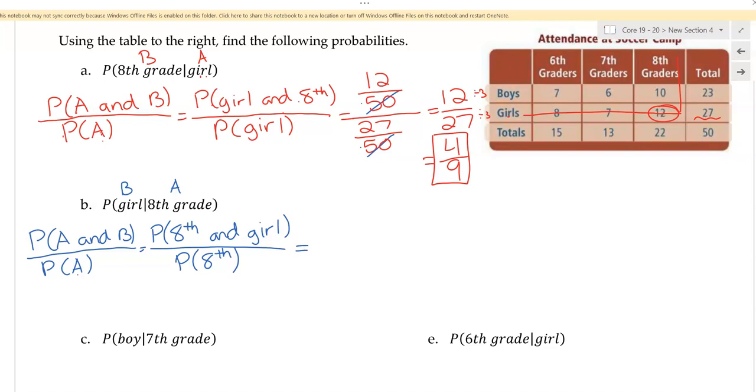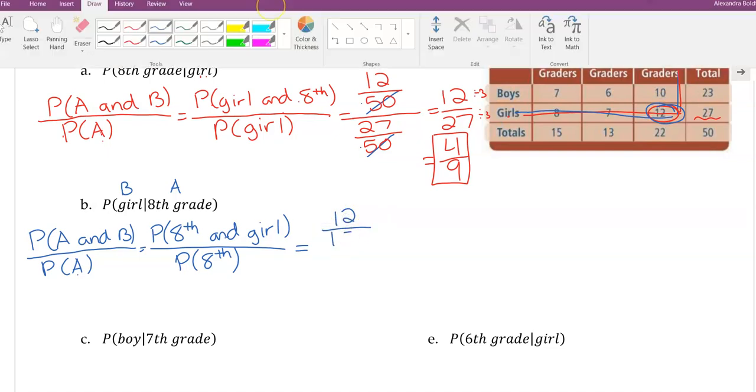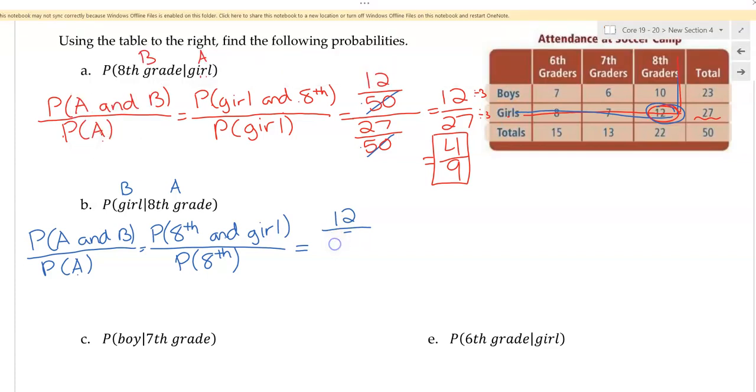Okay. Again, 8th and girl, the table tells me where they cross. Well, 8th and girl, hey, it still crosses at 12. That probability is the same. 12 out of 50. And then now with probability of 8th, right, all over the probability of 8th grade.